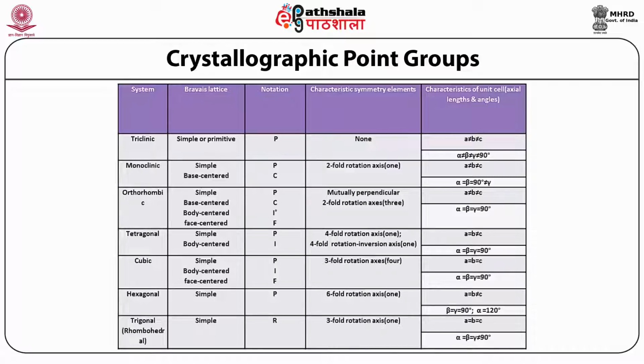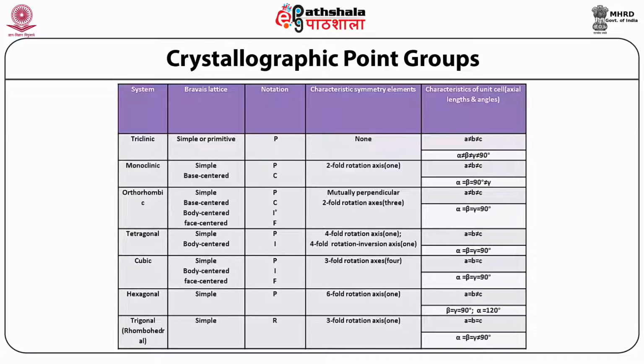The next system is the monoclinic system. Its Bravais lattices are 2, simple and base-centered. The simple Bravais lattice has the notation capital P, whereas the base-centered has the notation capital C. The characteristic symmetry element is one two-fold rotation axis.